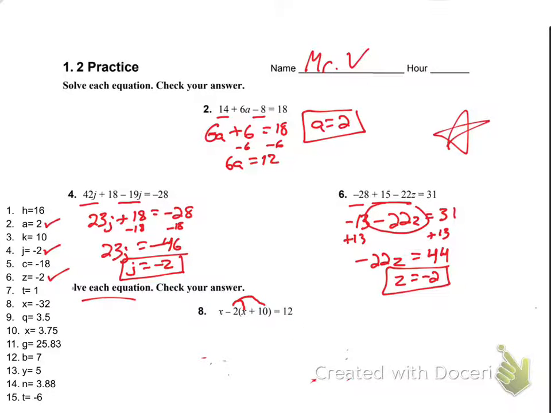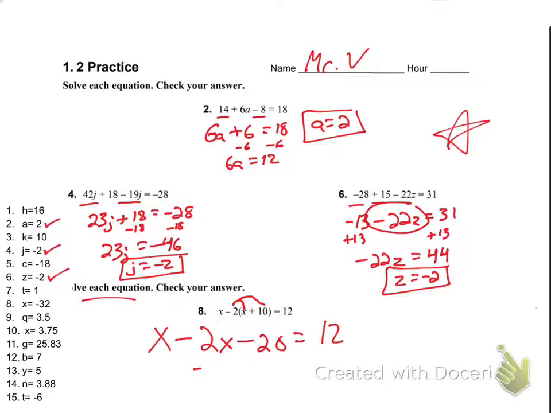All right, so we have x minus 2 times x plus 10. I want to distribute that, so I'll have x minus 2x, and then minus 20 is going to be equal to 12.